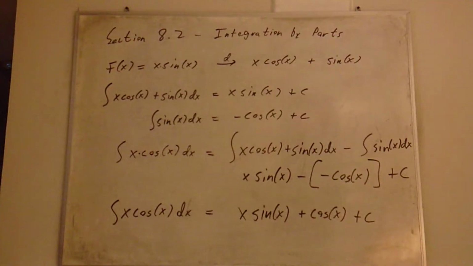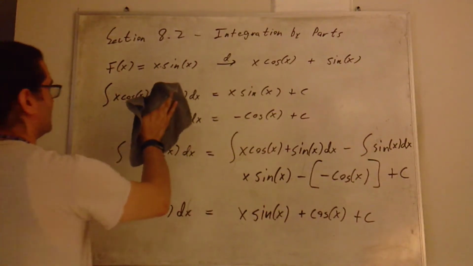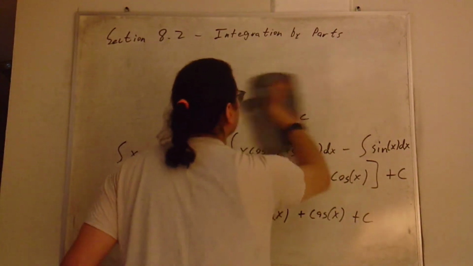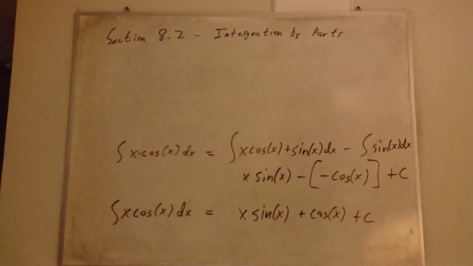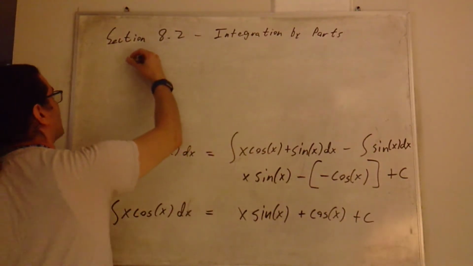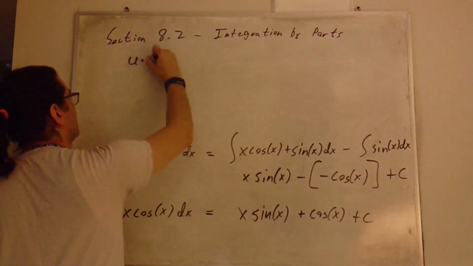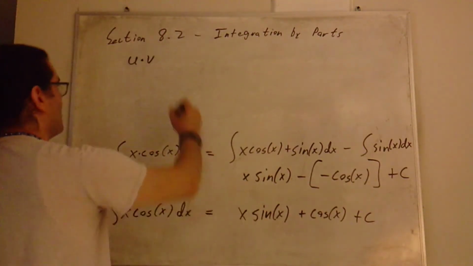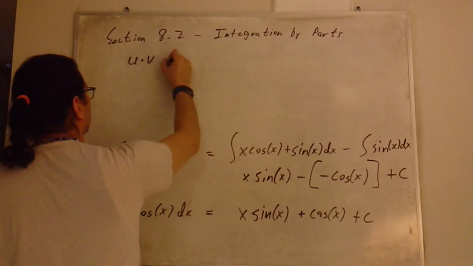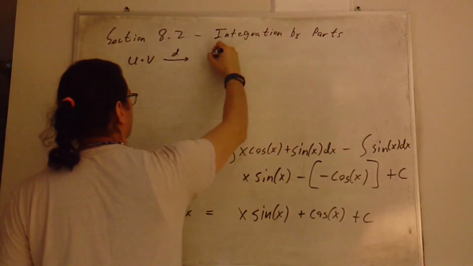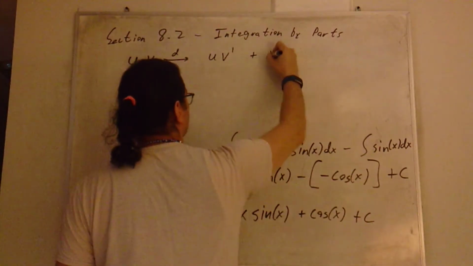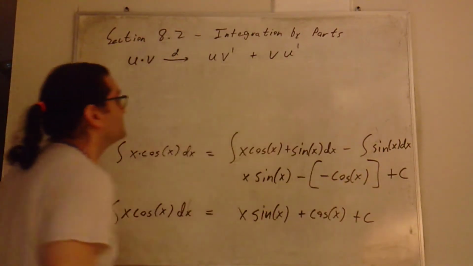So let me talk about that in very vague theoretical terms before we get deep into this actual process here. In vague theoretical terms, let's assume we have two functions, u and v. And these two functions, u and v, are being multiplied together. And I want the derivative of that. The derivative of this is going to be the first times the derivative of the second plus the second times the derivative of the first.